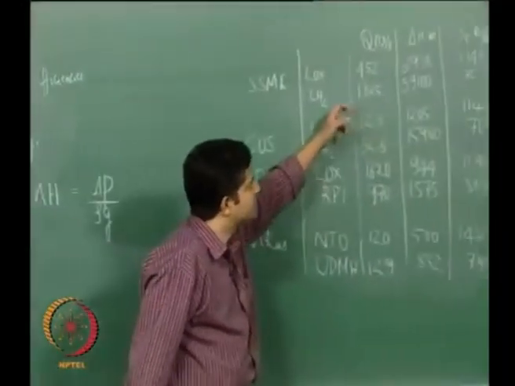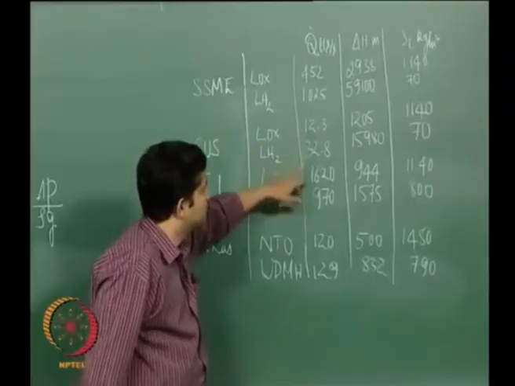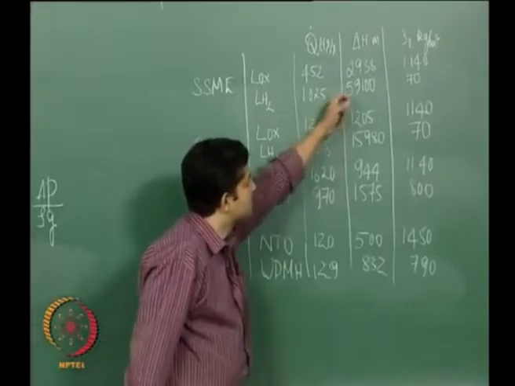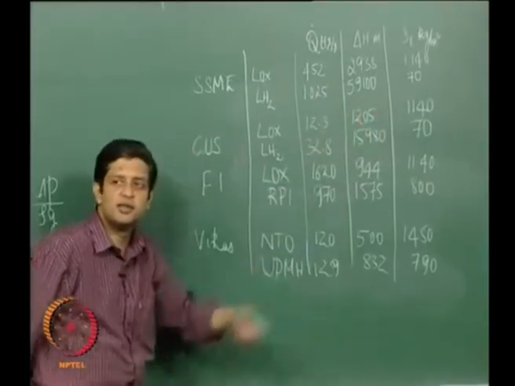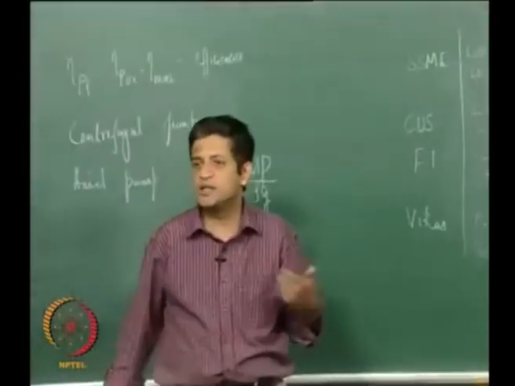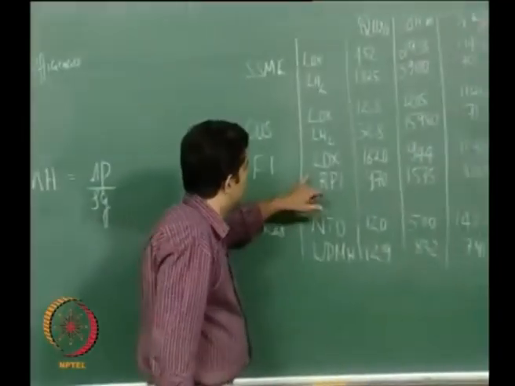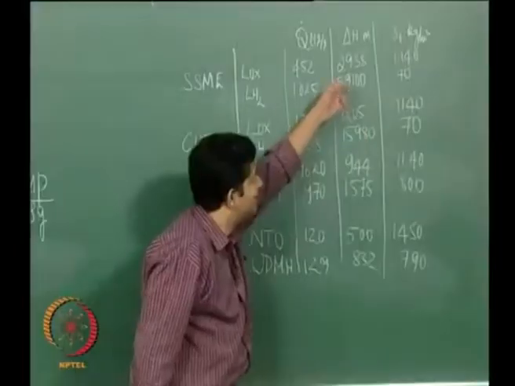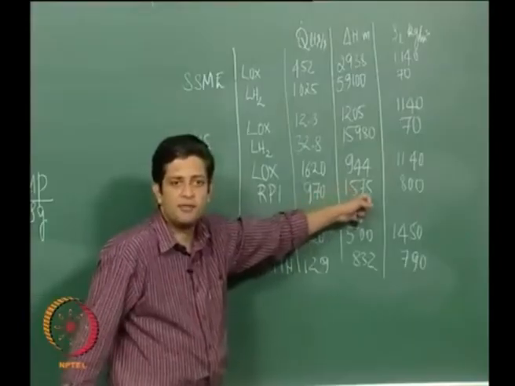The same is the case for both SSME and CUS, because both of them use liquid hydrogen. In addition to this, the head rise will have to be more for liquid hydrogen, because it is passed through the regenerative cooling chamber. Okay. Now, if you look at LOX and RP1, you will see a substantial difference in the head rise and flow rate.